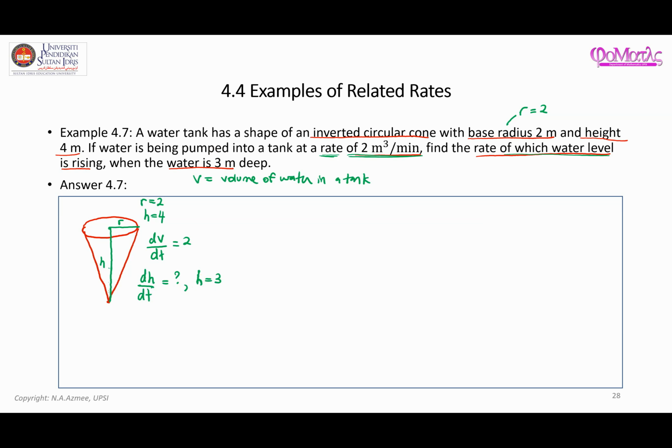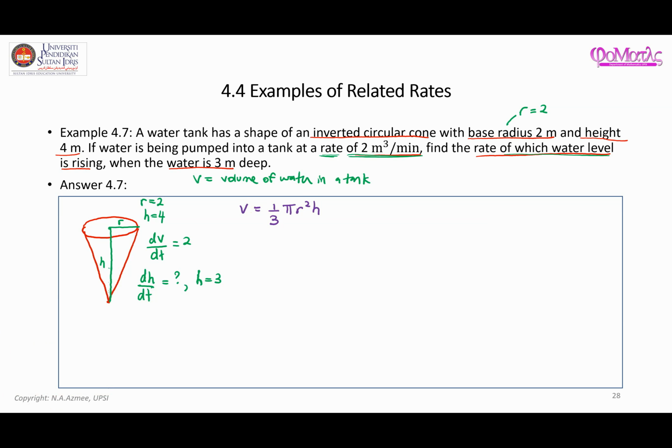Before we can answer this question, we need to come up with a formula for volume, because the volume of the water has something to do with h, and that is our starting point. If you have a circular cone, the volume is 1/3 pi r squared times h.